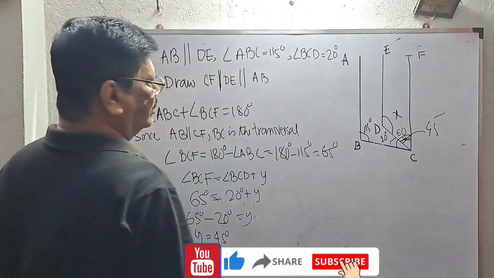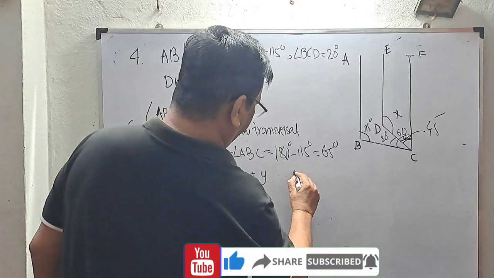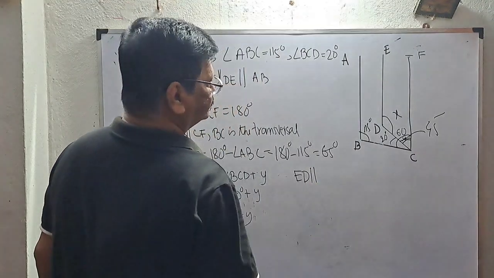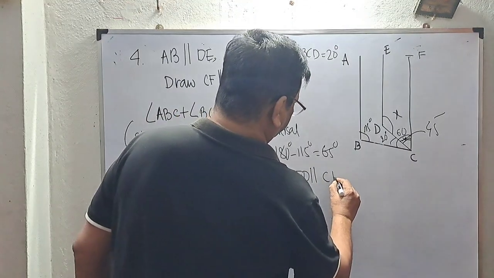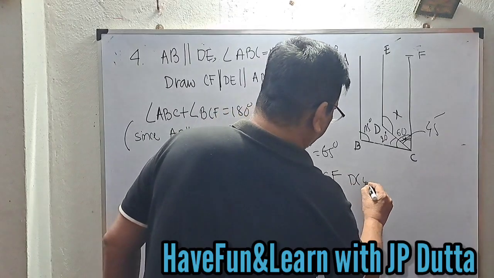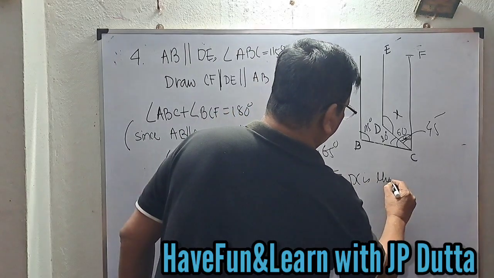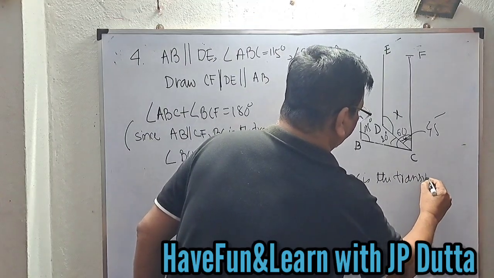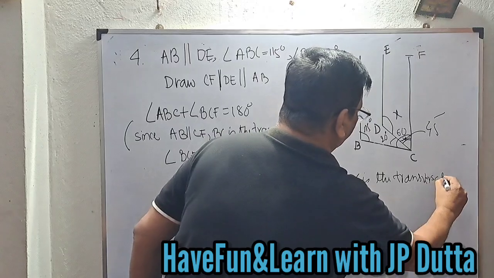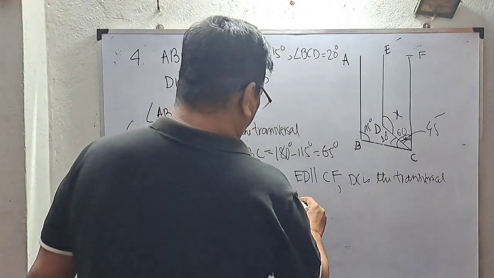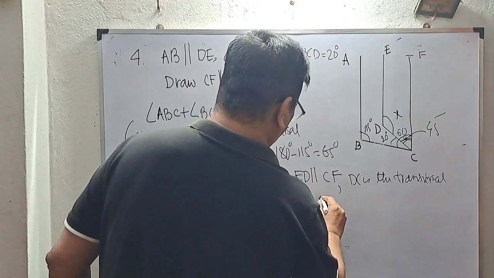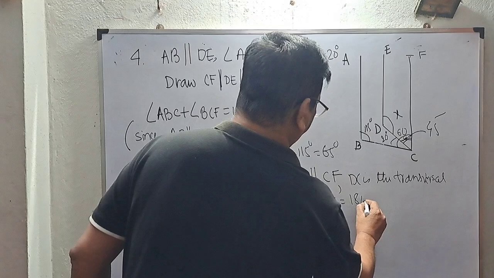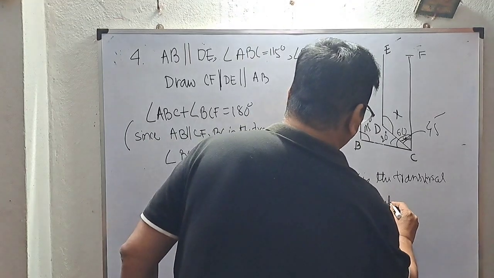Okay. Now we will say ED is parallel to CF. C is the transversal. Therefore, angle X plus angle Y is equal to 180 degree.